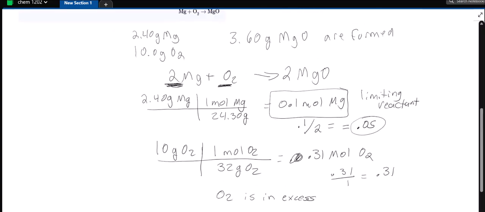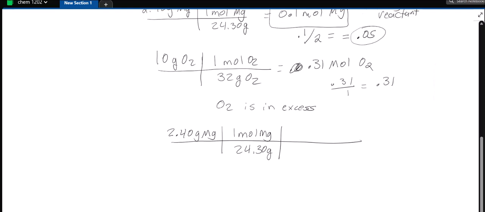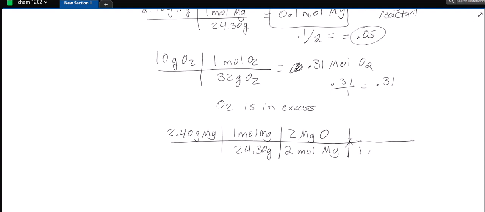And then from our balanced equation, we see that 2 moles of magnesium make 2 moles of magnesium oxide. And then we need to get this back to grams. 1 mole of magnesium oxide, and the molecular weight of that will be 24.3 from the magnesium plus 16 from the oxygen is 40.3.